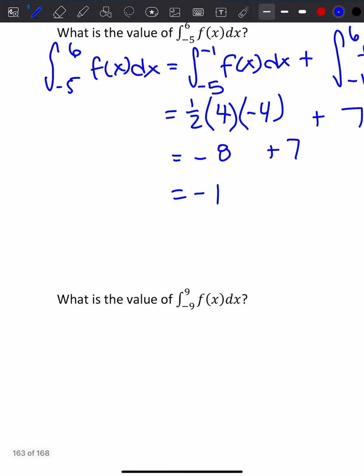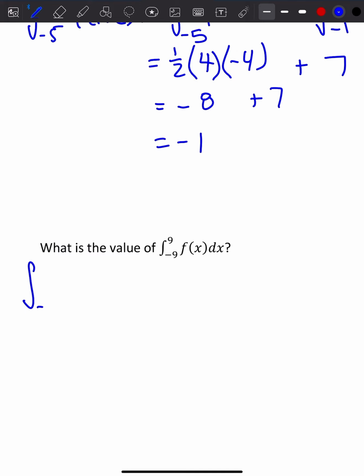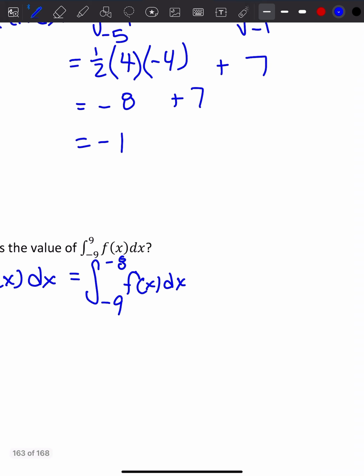So this integral from negative 9 to 9 is going to be broken up into a bunch of little integrals. So negative 9 to negative 8. Plus the integral from negative 8 to negative 6.